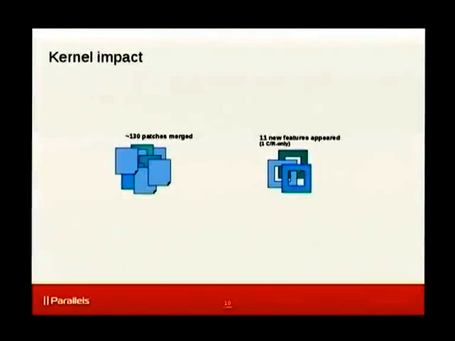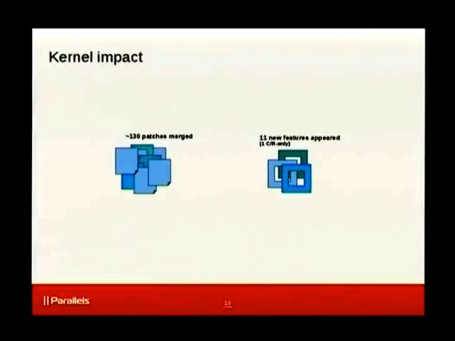So far, the kernel impact of the project looks like this. We have submitted, and this has been merged, something like 130 patches. Within these patches, the kernel gained 11 new features. I will shortly glance through them quite soon.